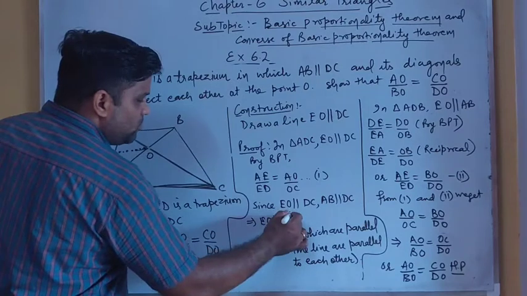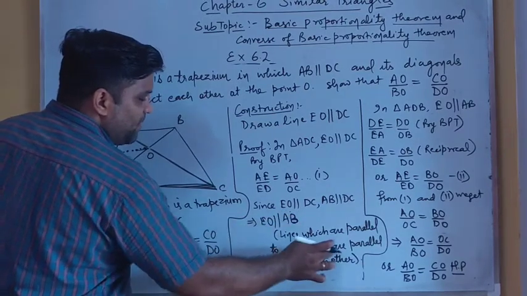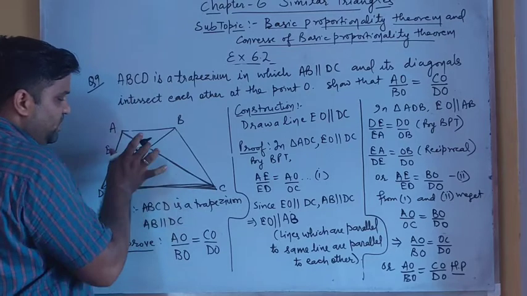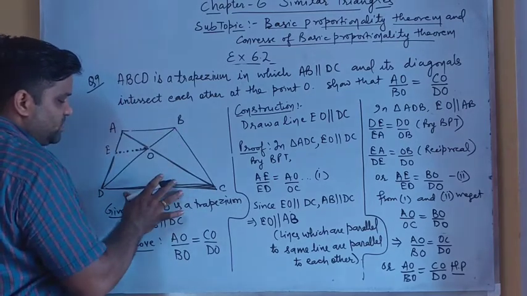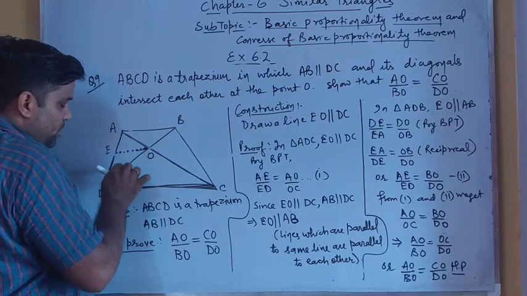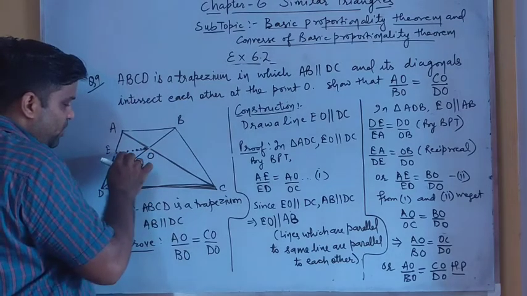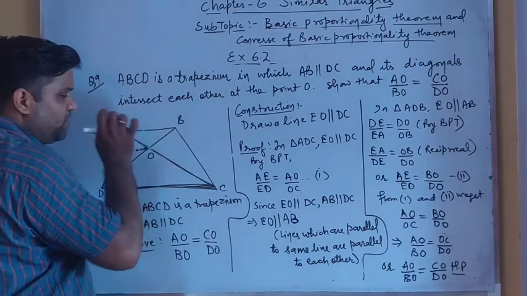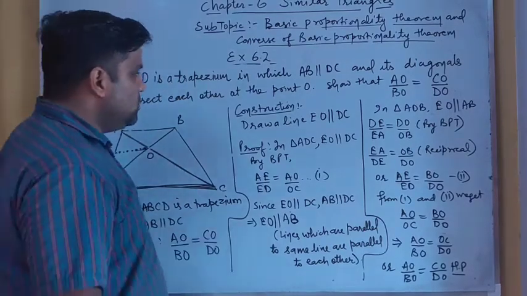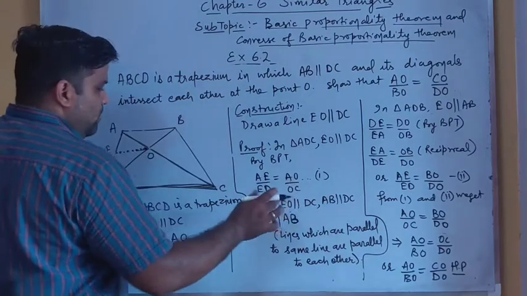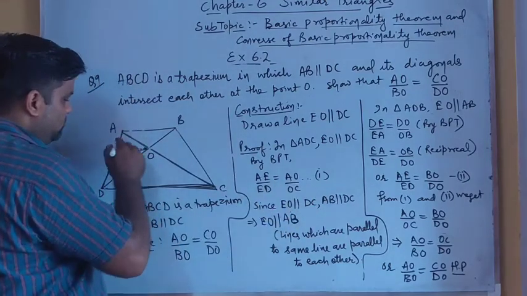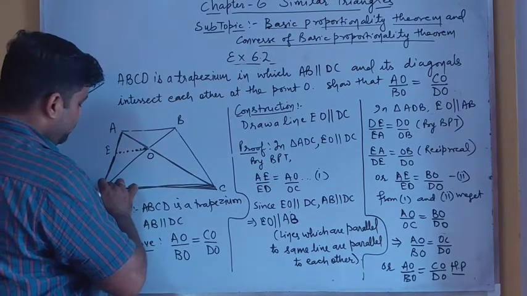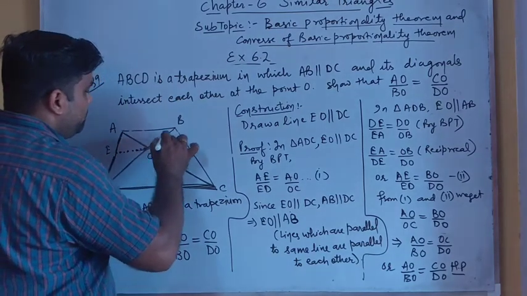Here DC is the same line, where EO is parallel to DC and AB is parallel to DC, it implies that EO is parallel to AB by this theorem. So by this result, let us come to the triangle ADB.